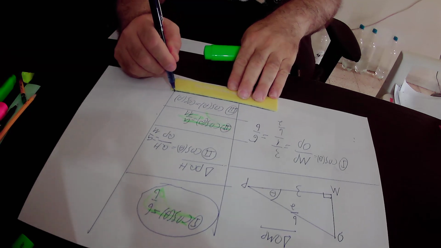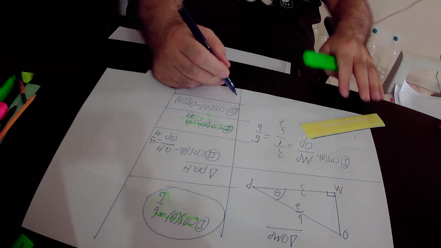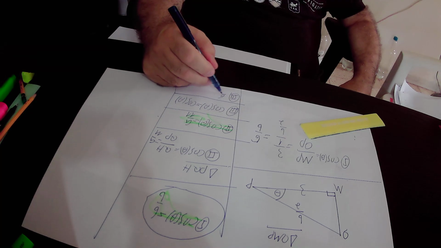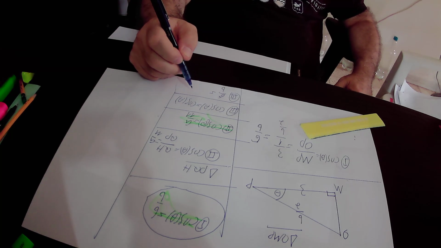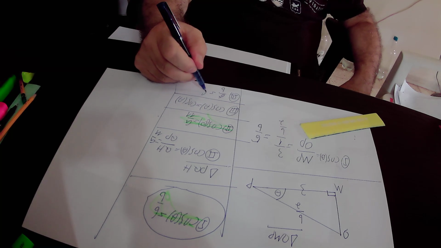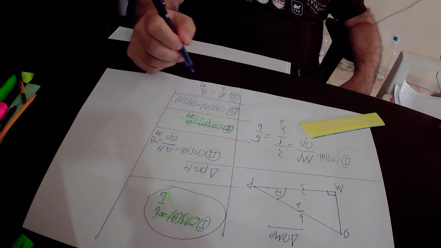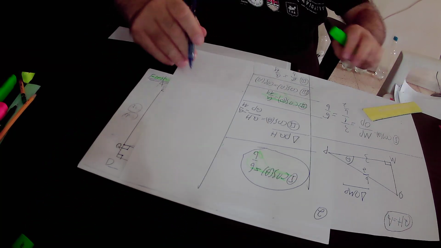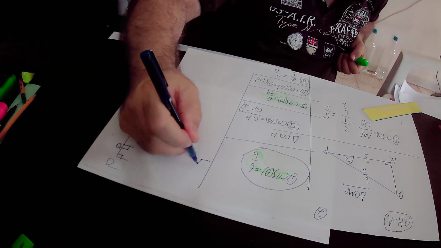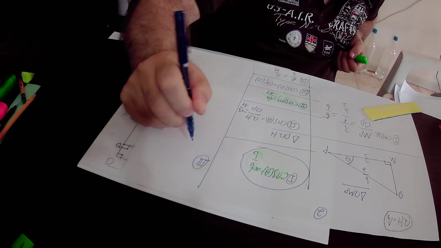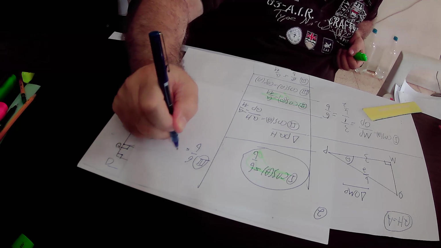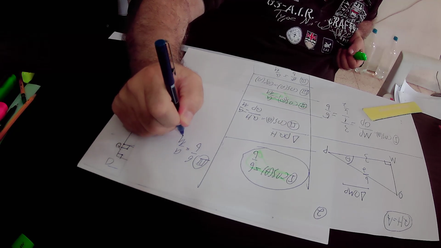Cosine theta according to equation number 1 is equal to 6 over b, and it must be equal to cosine theta according to equation number 2, that is equal to a over 11. So in conclusion, according to equation number 3, 6 over b is equal to a over 11.